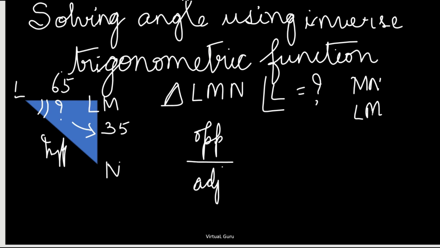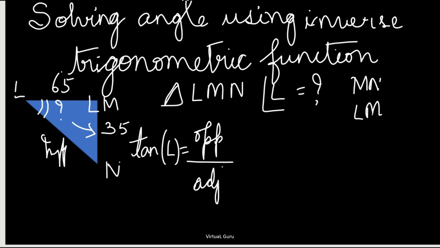Next, we have to find L. So what is the equation dealing with opposite by adjacent? That will be tan. So tan L is given, and now we have to find L. This is done by using the inverse operator.